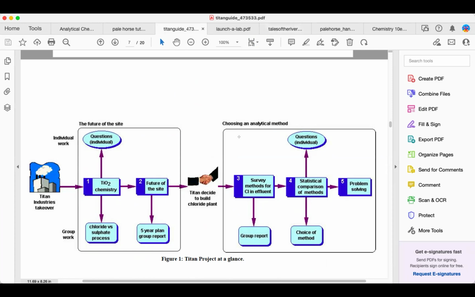Okay, and then you have to do survey methods for how to analyze chloride in industry effluent, and you have to do statistical comparison of the methods, and then you have to choose which method. Okay, so this is basically what you have to do for group 2.